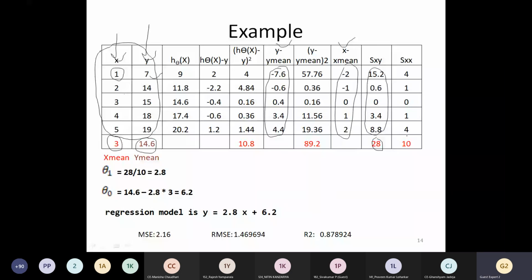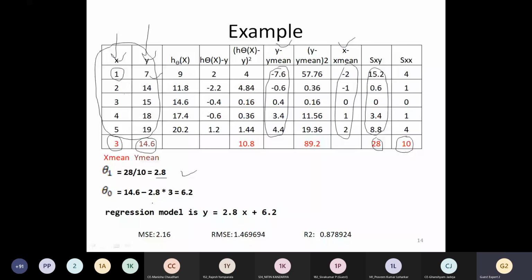That is 10, so this is the denominator. So theta 1 is equal to 28 upon 10, which is equal to 2.8. So using the least square estimator, we have estimated the value of theta 1. Now theta 0. Theta 0 is equal to y mean minus 2.8, that is theta 1, times x mean, that is 3.